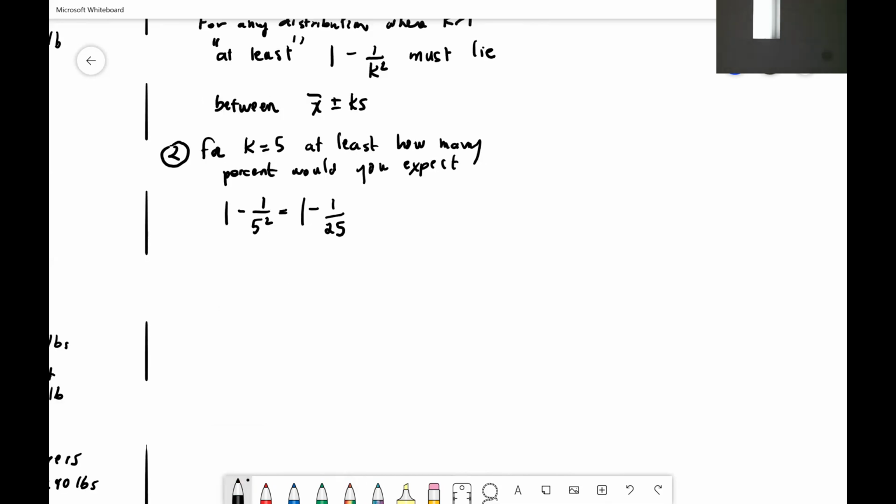So what does that give you? 24 over 25. So 24 divided by 25, that's 0.96. So what will you say? At least 96% of the data must lie within.